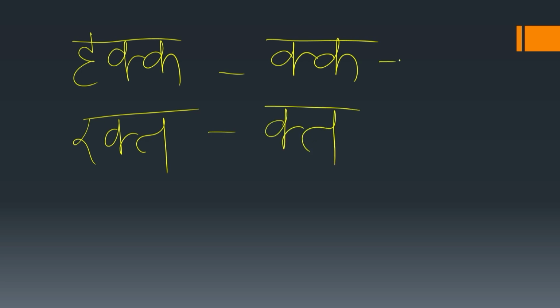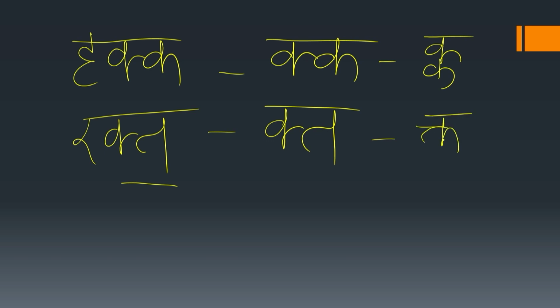Now this symbol could be written either this way or this way. Most of the time when you type in Devanagari on a computer, you find these two options there as per the font. Another way of writing this Rakta is this.